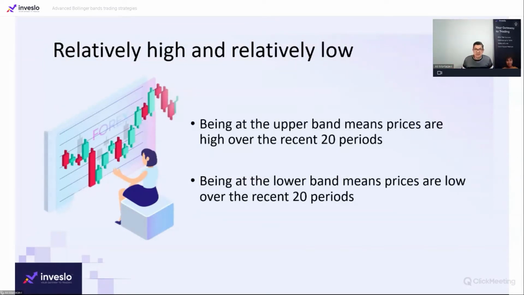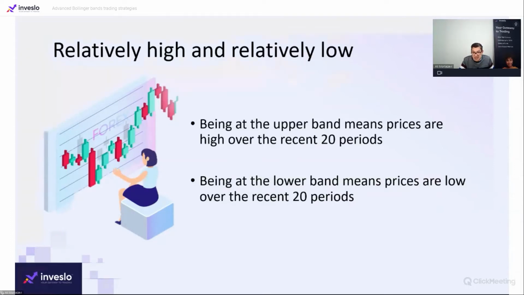Once you grasp those concepts, the rest makes sense, and then we can use it in our favor. So once more, being at the upper band means prices are high over the recent 20 periods, and being at the lower band means prices are low over the recent 20 periods.